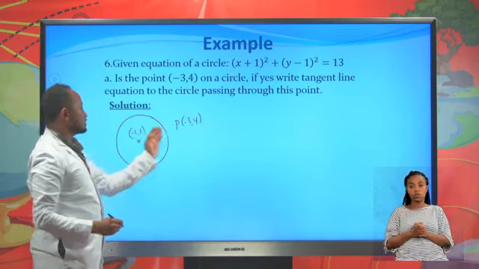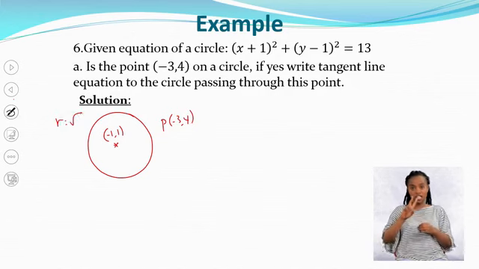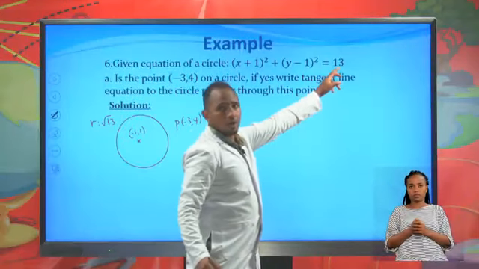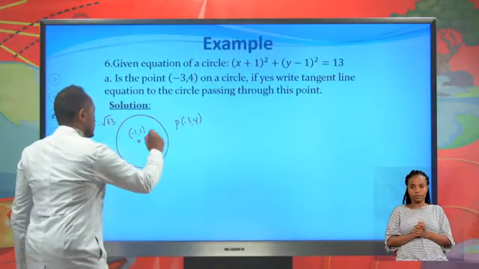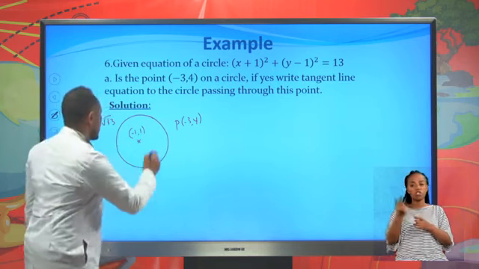So let's find the distance between these two. The radius of this circle is given. Its radius is the square root of 13. So let's check the distance between these two points.